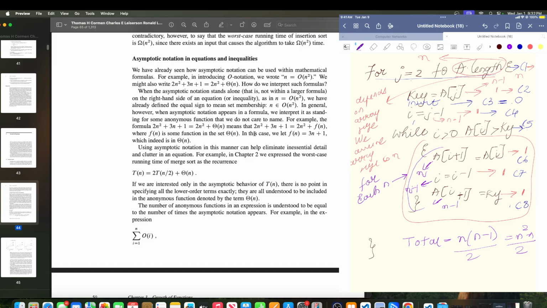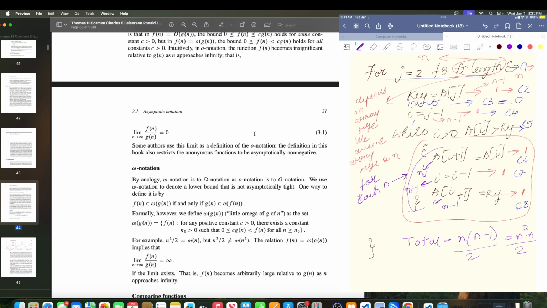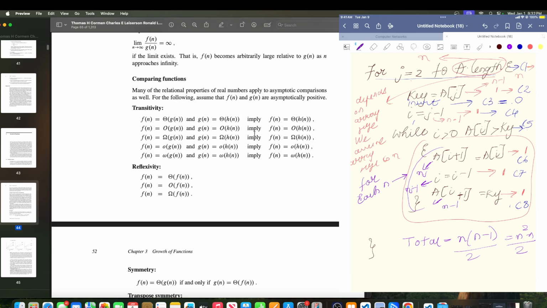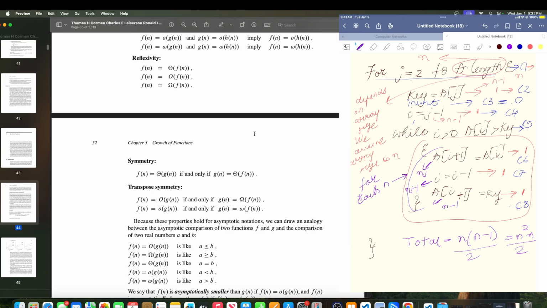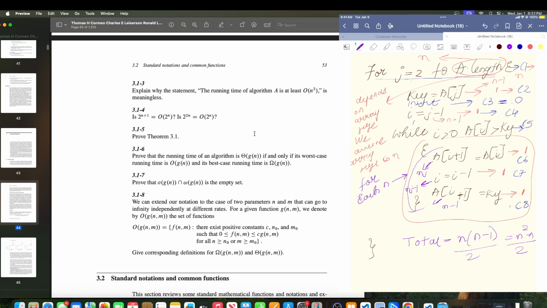So when we do asymptotic analysis, we see that the function growth will be dependent on the highest power.